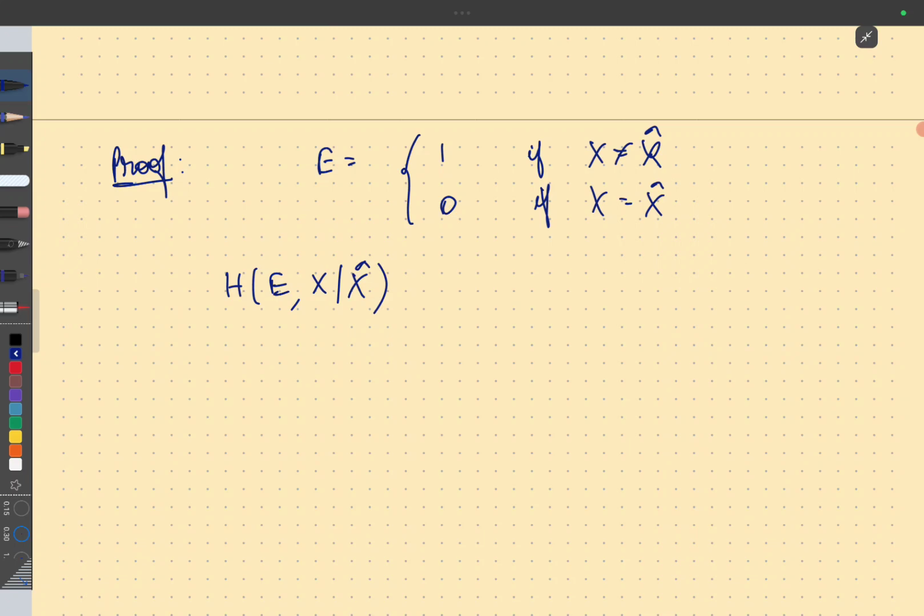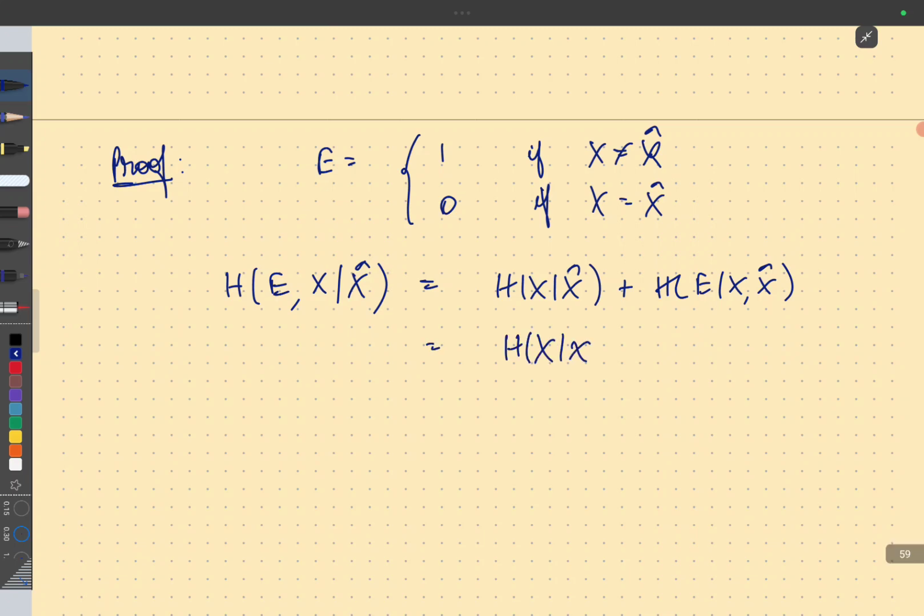So I have H of E comma x given x hat, which, using the chain rule, I'll write as H of x given x hat plus H of E given x and x hat. What can I say about the second quantity? It's equal to 0, because given x and x hat, you know whether you're in error or not.